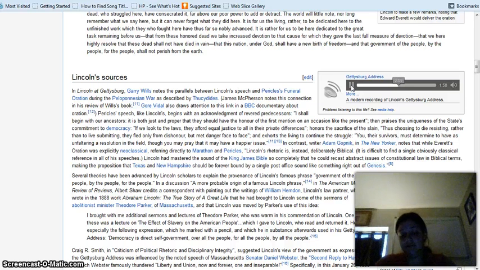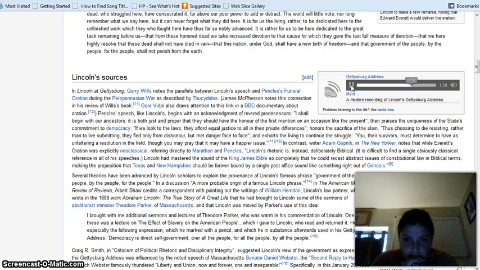The world will little note nor long remember what we say here, but it can never forget what they did here. It is for us, the living, rather, to be dedicated here to the unfinished work which they who fought here have thus so far nobly advanced.